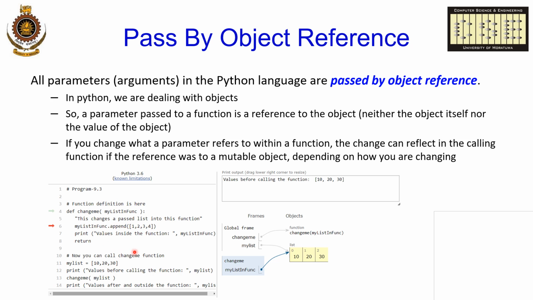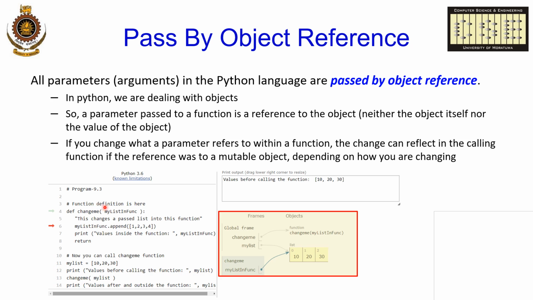This function changes a passed list inside this function. And it's called here, so we first defined a list, my list, and then we print the values of that list. Don't worry about this line right now, we will talk about it later on.